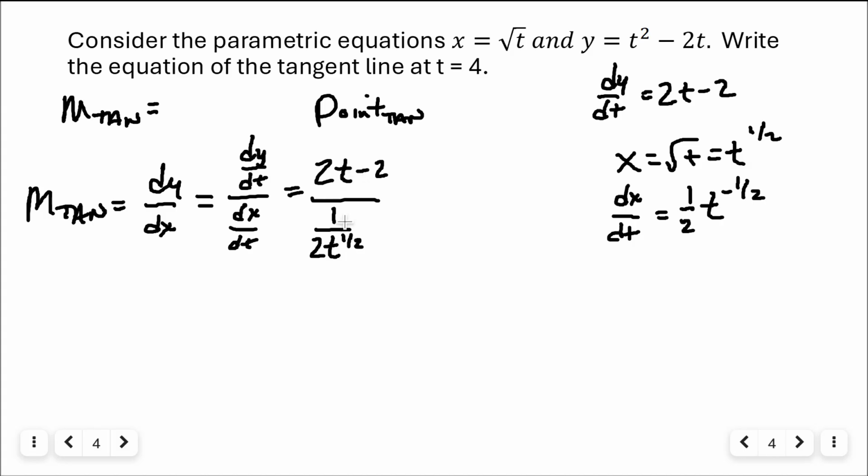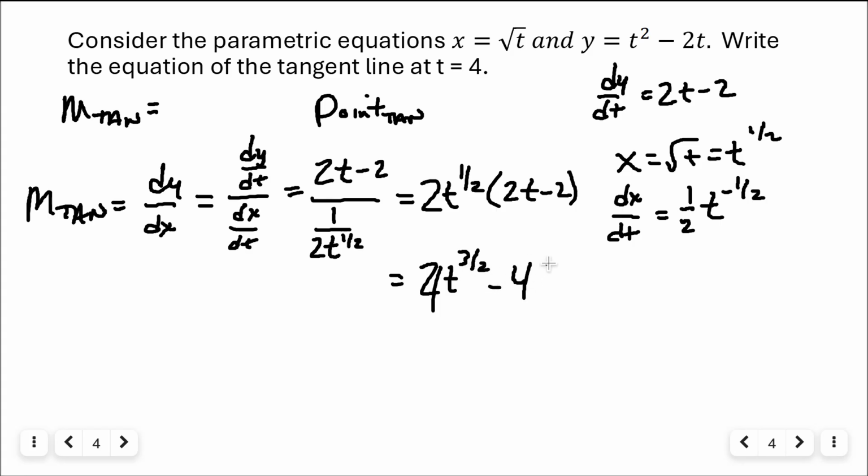Now I could flip this over here, and I could rewrite it if I wanted to, if you needed to. It would be 2t to the half times 2t minus 2. You could also do a little work if you wanted to. Again, you don't have to do this. So that would be 4t to the 3/2 minus 4t to the 1/2, right? That's what dy dx is equal to.